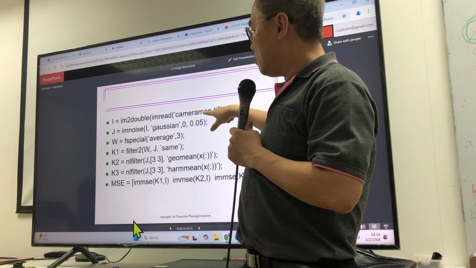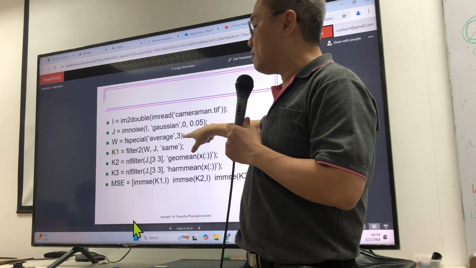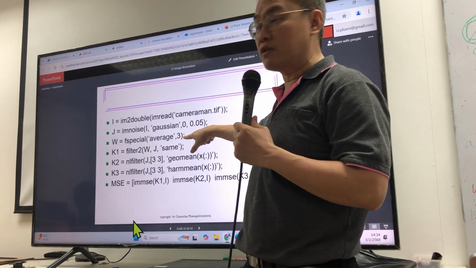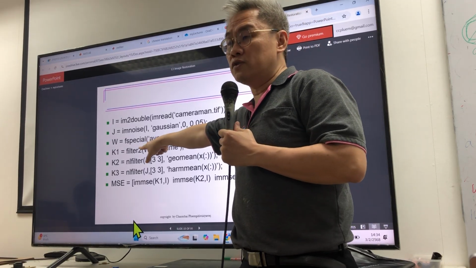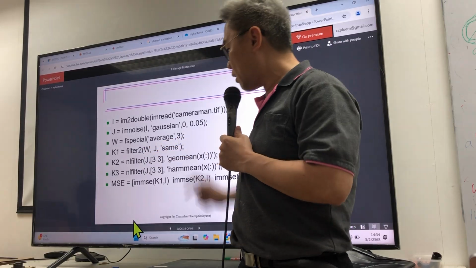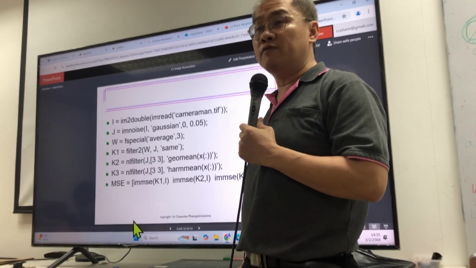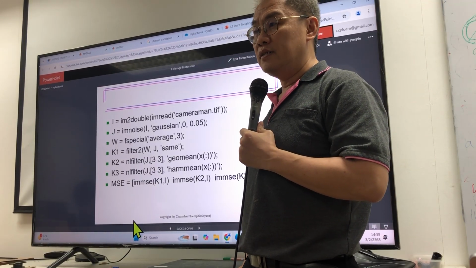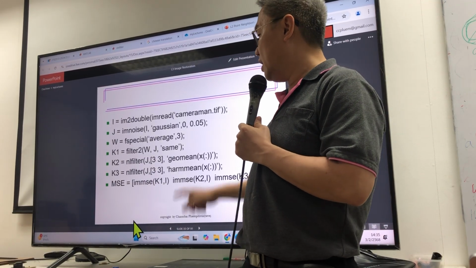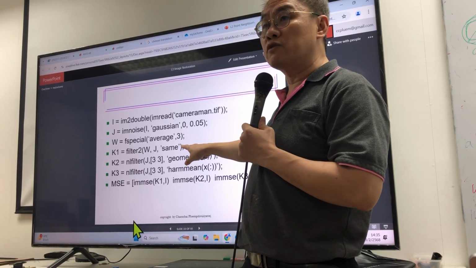Note however, you read noise Gaussian: the average, the arithmetic mean filter, is just an averaging filter, so you can use spatial filter, fspecial and filter2. However, geometric mean and harmonic mean are nonlinear filters. If it's a nonlinear filter, you cannot use the command filter2.